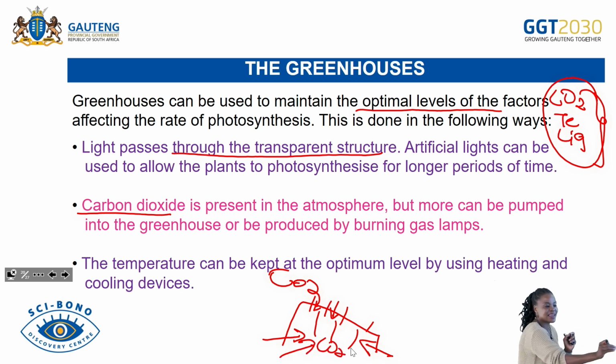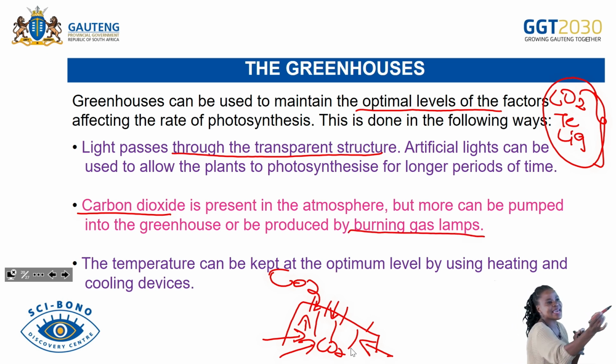In other words, the level of carbon dioxide inside the greenhouse will increase. Another way of increasing the level of carbon dioxide inside the greenhouse is by burning gas lamps inside the greenhouse. In that regard, the level of carbon dioxide will also increase, and that will enable the process of photosynthesis to take place.